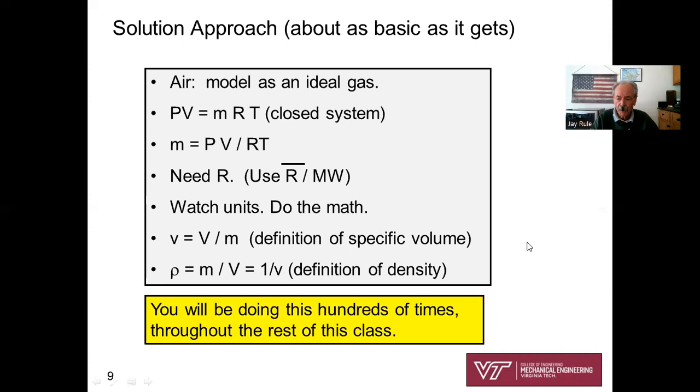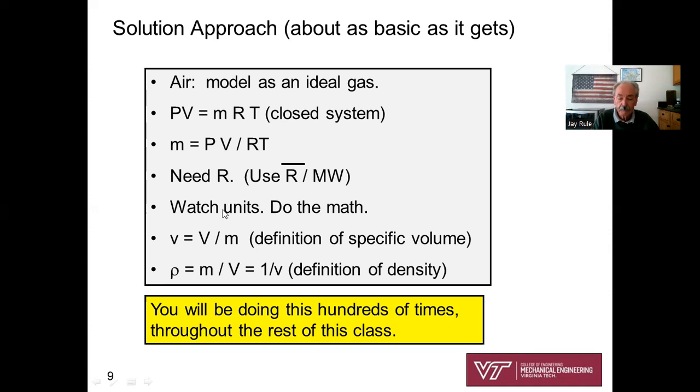And here's the solution approach before we crunch numbers, and we will crunch numbers. I'm going to write down the word air, model as an ideal gas. The next thing I write down is the ideal gas equation of state for a closed system, PV equals mRT. You've got to memorize that. I'll solve for m: m is PV over RT. Oh, I need to get R for air. I'm going to use R bar over the molecular weight.